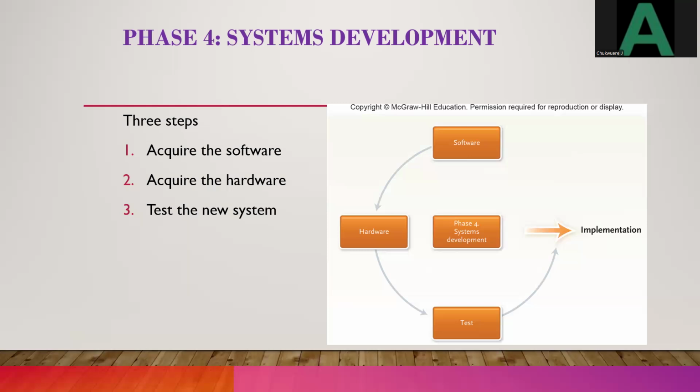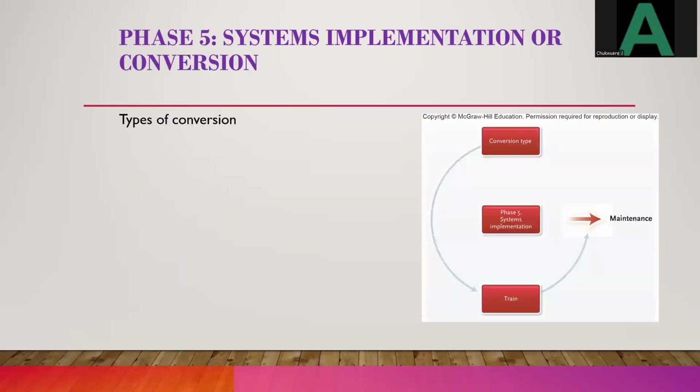Now, some of you have heard that the university deployed a new student information system. These are the processes that they underwent from the preliminary stage down; these are the phases that were considered before deploying this new student information system.